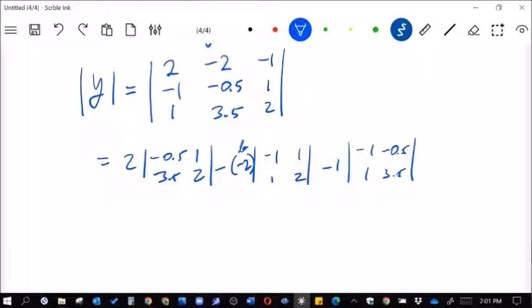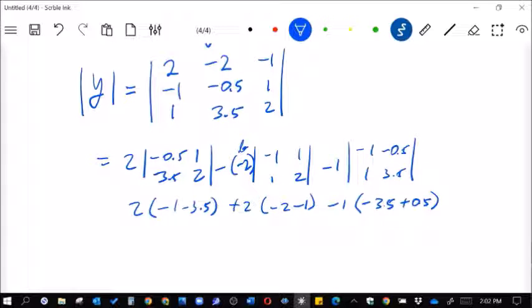And then the answers for those, and this one I'll work out, is -1 minus 3.5 plus 2 minus 2 minus 1 minus 1 minus 3.5 plus 0.5, because these two negatives, 2, -4.5 plus 2 -3 minus 1 -3.